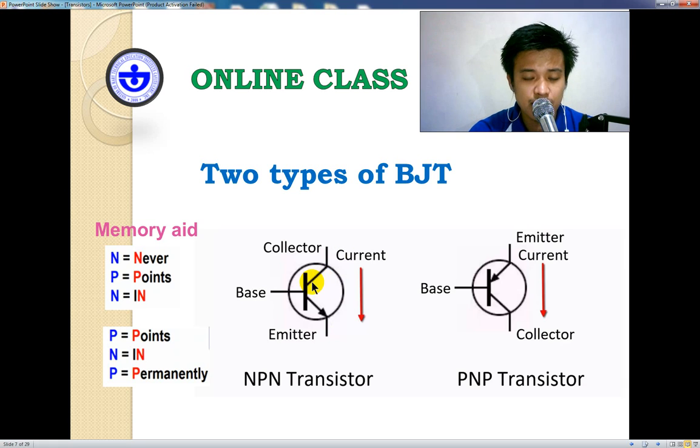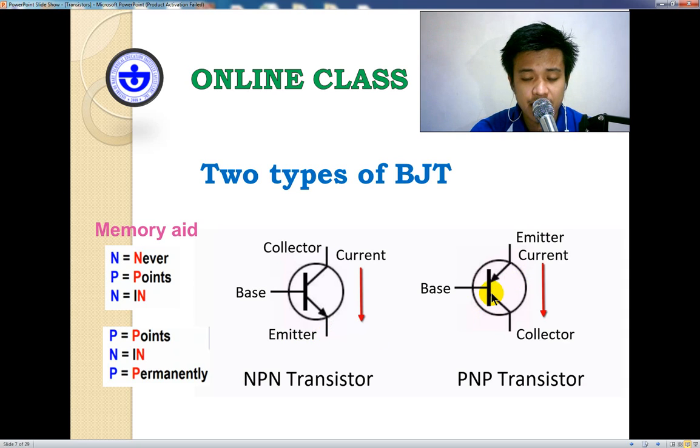So we get in here, this is our symbol. The part of the symbol that has an arrowhead, we call the emitter. So let's try to look at it. In this NPN transistor, the arrowhead is here, so it means this is our emitter leg.